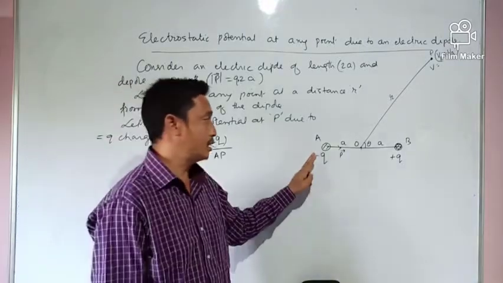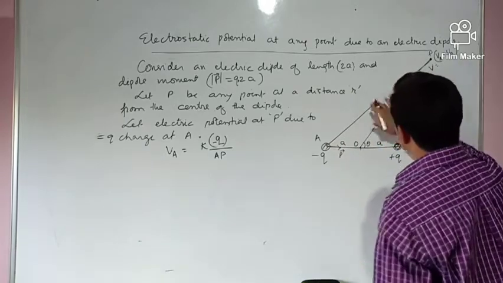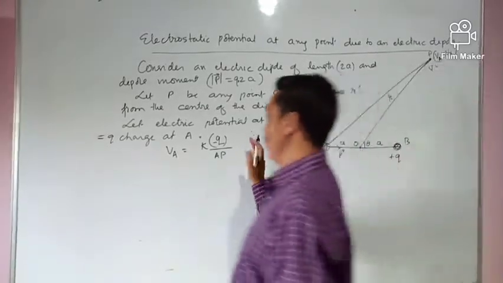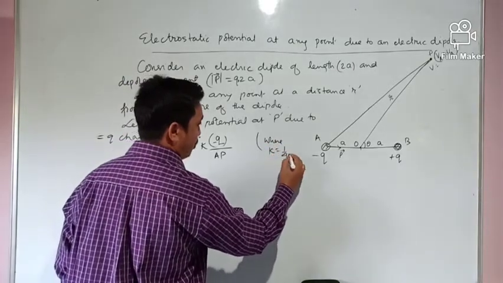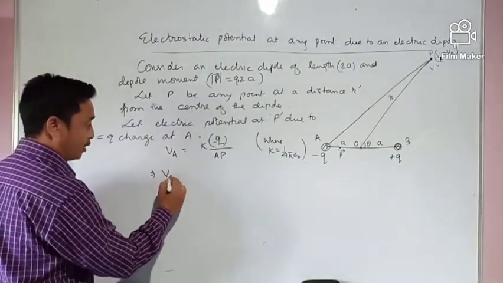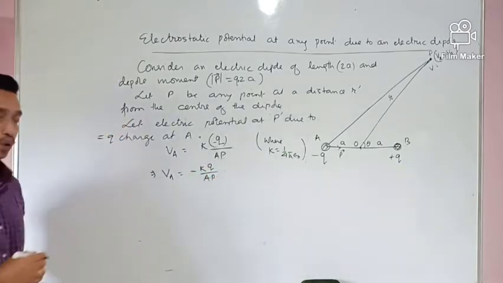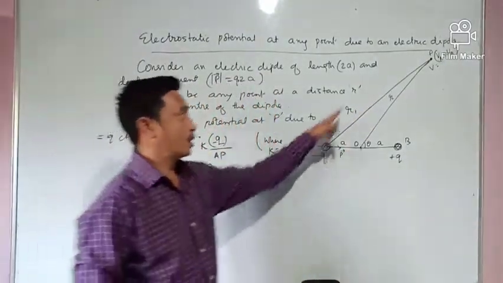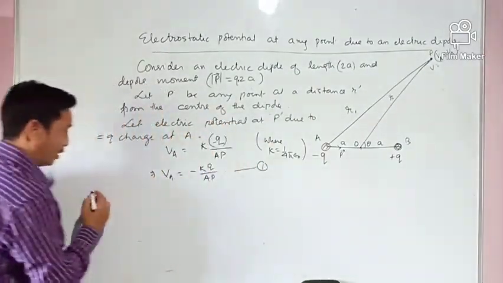So here the distance is AP, from here to here, where K equals 1 by 4 pi epsilon naught. So this implies VA equals minus KQ by AP. This is your AP, I will term this as r1, the distance from A to P. So this is equation number 1.